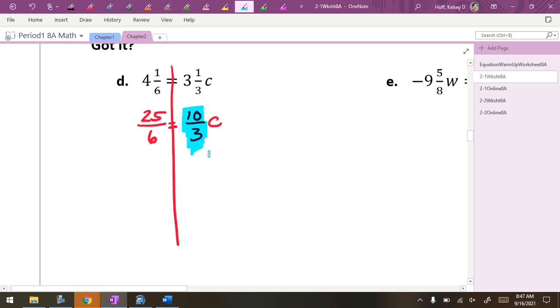Liana, now that I know what my coefficient is, 10 over 3, I need to flip that and multiply it on both sides. So if I'm going to flip 10 over 3, what would I get? Just flip your fraction upside down. Instead of 10 being on top and 3 being on bottom, what would you have?